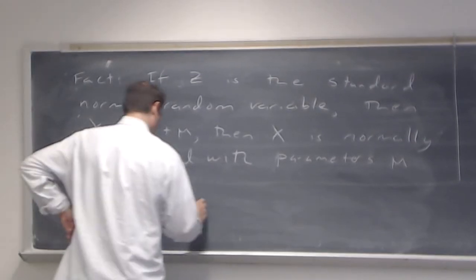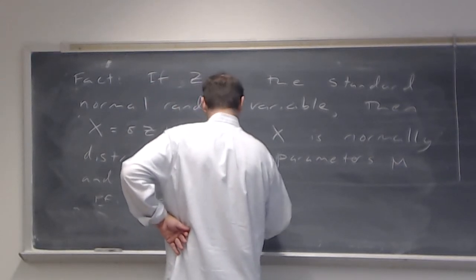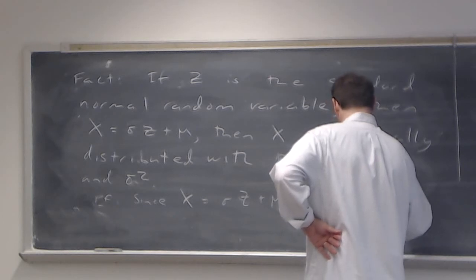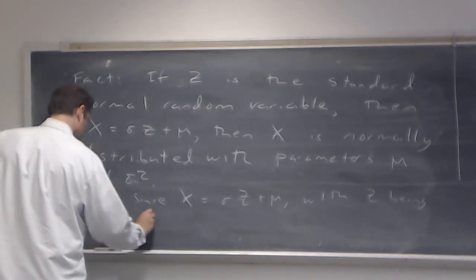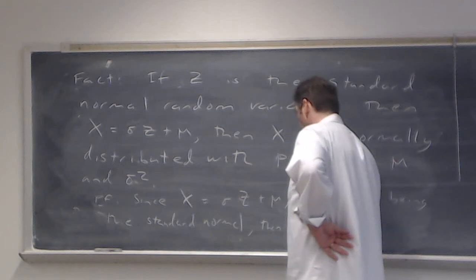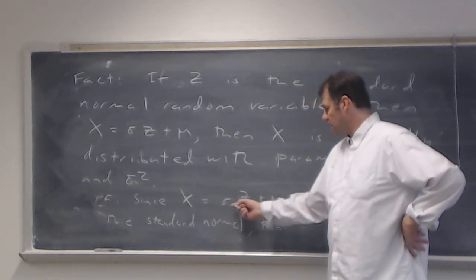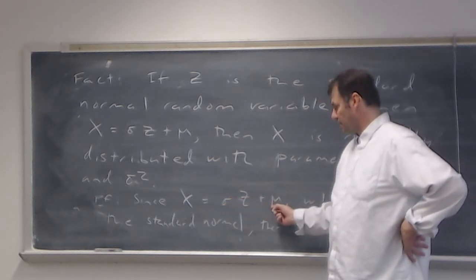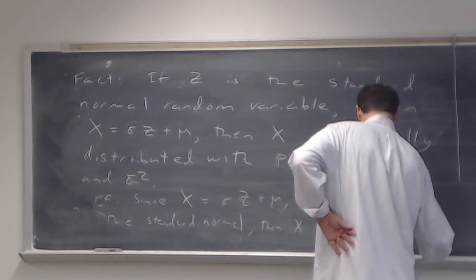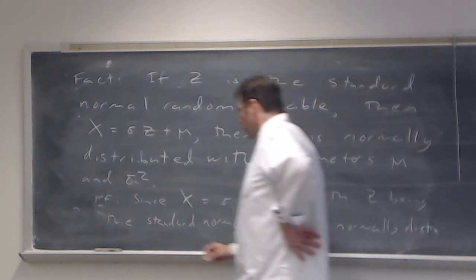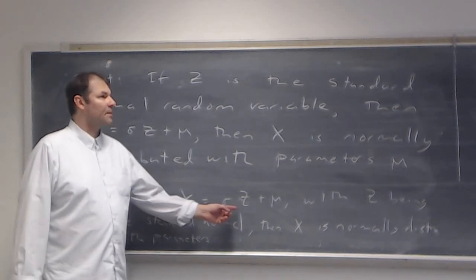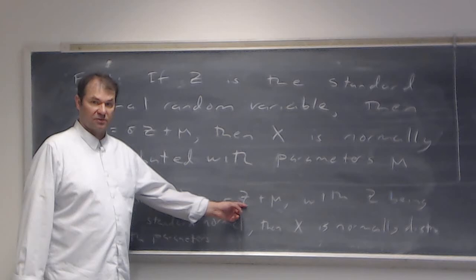Since X is equal to sigma Z plus mu, with Z being the standard normal, then, so this is normally distributed, and what we see is something like A times something normally distributed plus some number B. That random variable, X, is normally distributed with parameters, so it was A times mu, the parameter here, plus B.